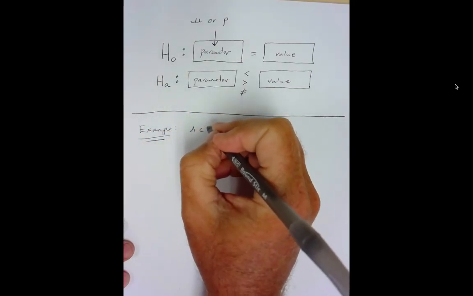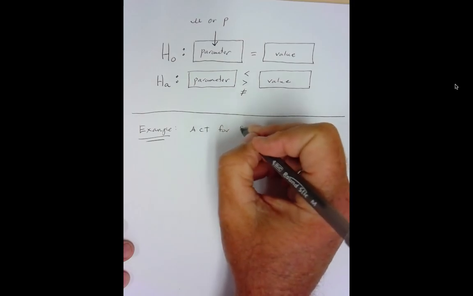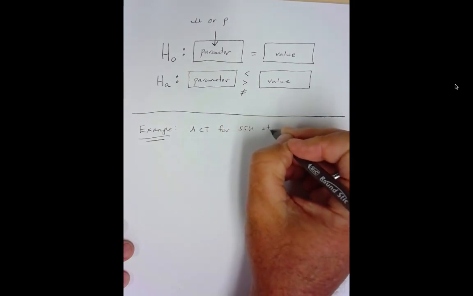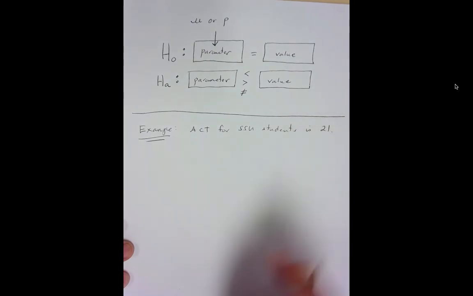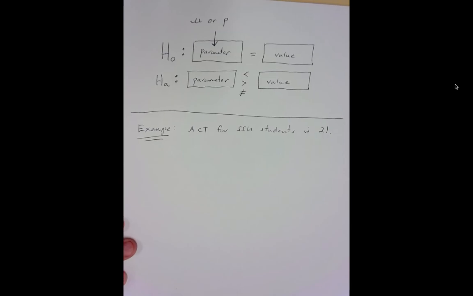Now, let's look at examples. The ACT for SSU students is an average of 21.